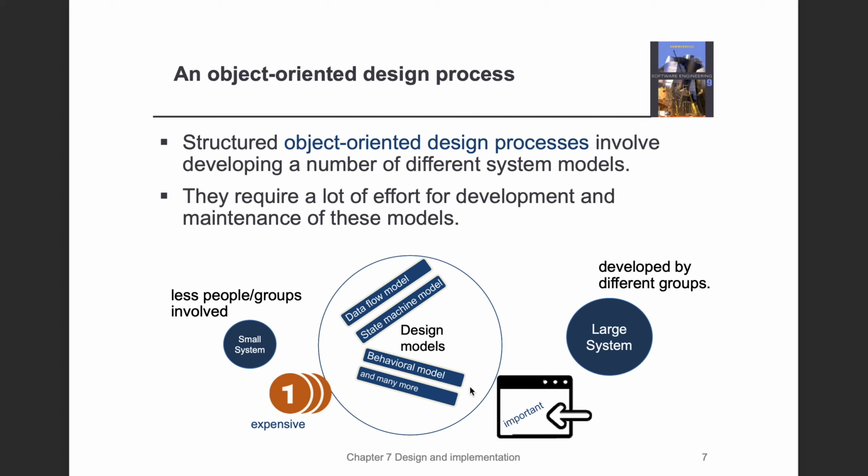It is not cost effective when you are designing a small system, but when you are designing a big system, it's very important to look at it. With that, you can also look at data flow models, state machine models, behavioral models and many other models that are very important to the process. For small systems, it's really not cost effective to use this.